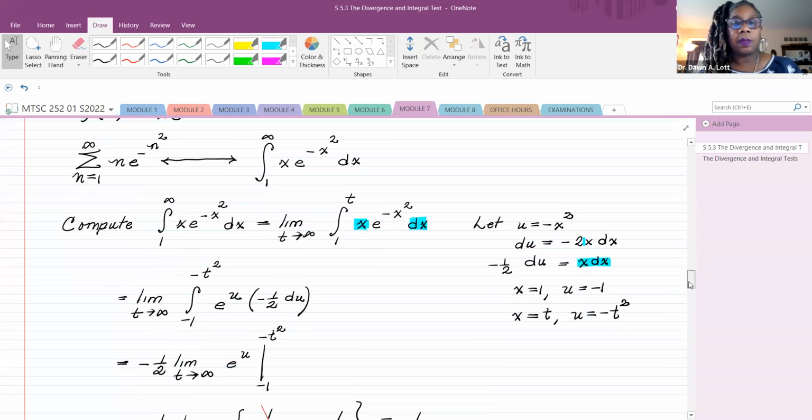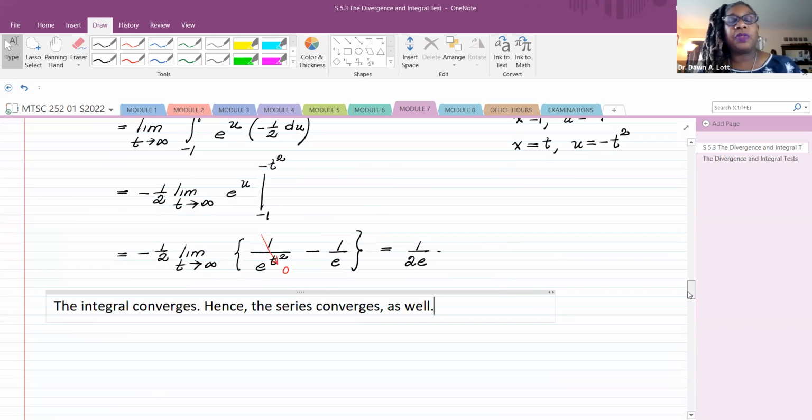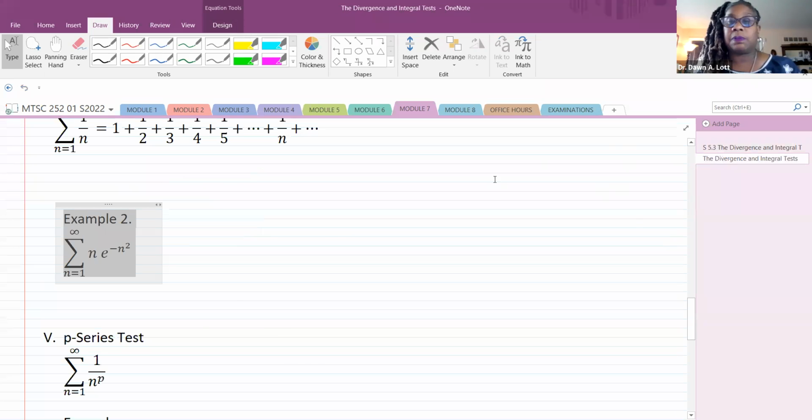For the nth term test of divergence, if the series converges, we know it converges, we just don't know what the sum is. We know the sum when it converges for a geometric series and a telescoping series, but we do not know the sum for the integral test and the nth term test, even though they converge.